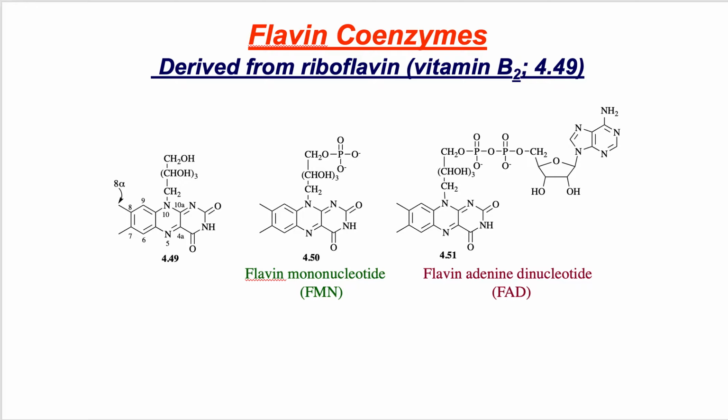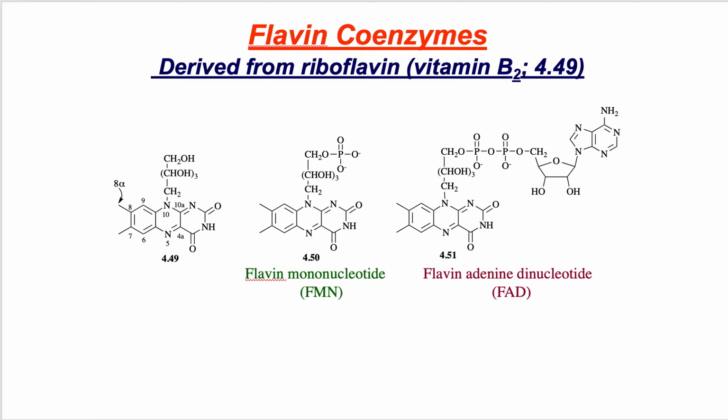And so there on the right, you see that flavin structure, the core, and then you see 2 different structures. We see FMN, which is the flavin mononucleotide, and then we see a flavin adenine dinucleotide.